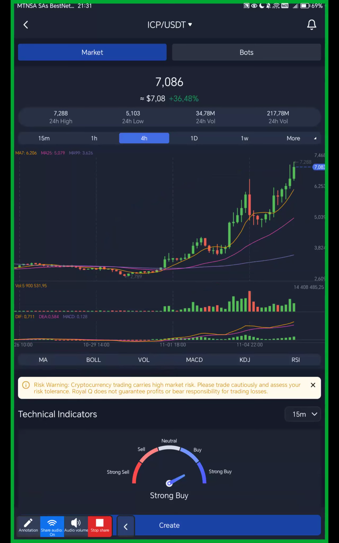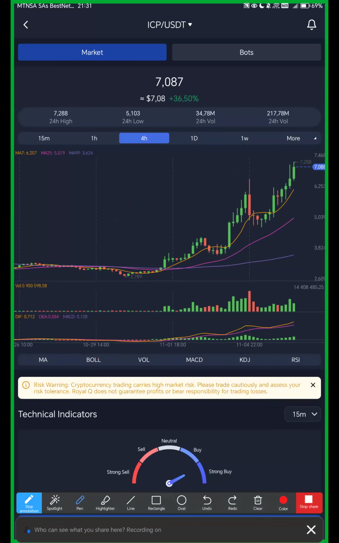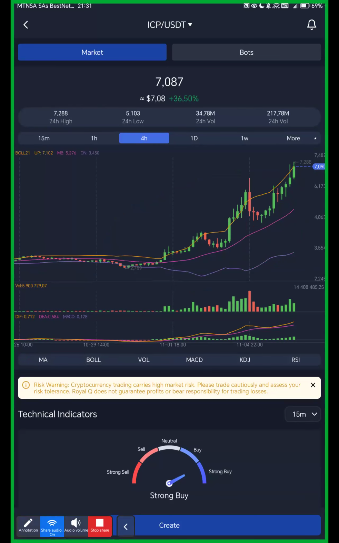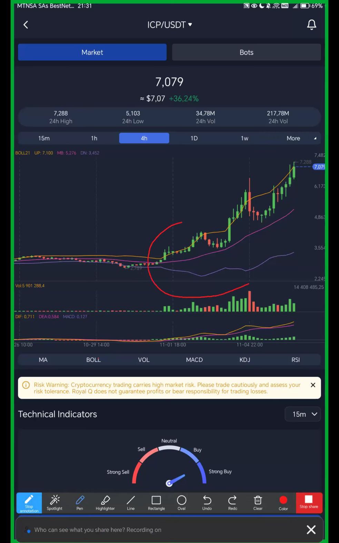When you tap on MA or Bollinger Bands, you are going to see the Bollinger Bands appear here. There is this line, and this line. You need to learn how to interpret these lines: when this line is up, this line is in the middle, and this line is moving below, what does that mean? We do teach you this.